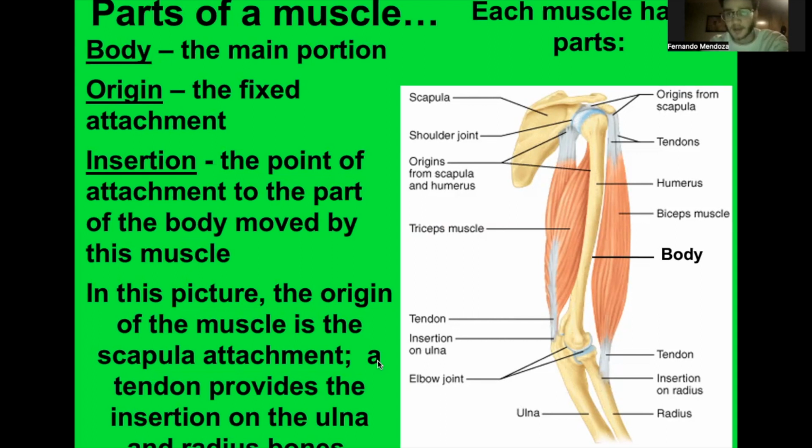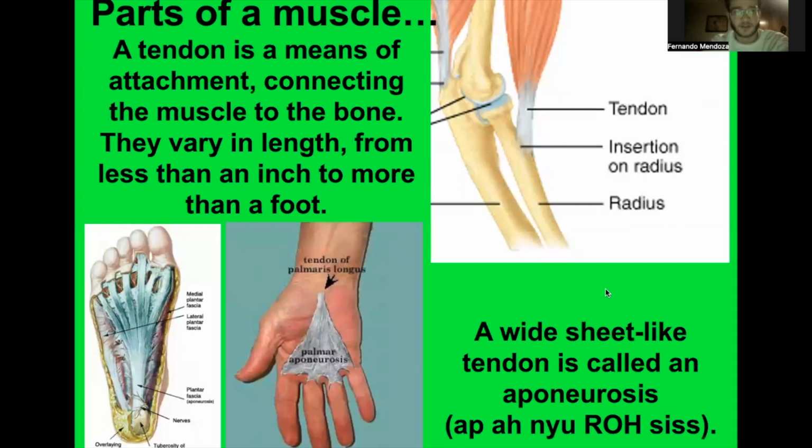So yeah, the body of the muscle is the red portion, and the tendons are the origin and the insertion, respectively. The parts of the muscle: the tendon is a means of attachment. So the tendon is part of the muscle actually, and it is going to connect the muscle to the bone. And they vary in length.